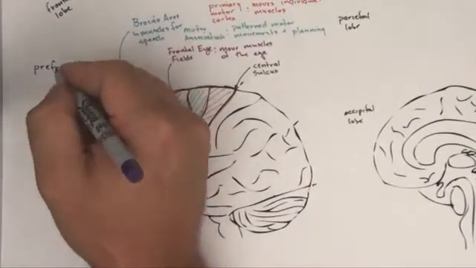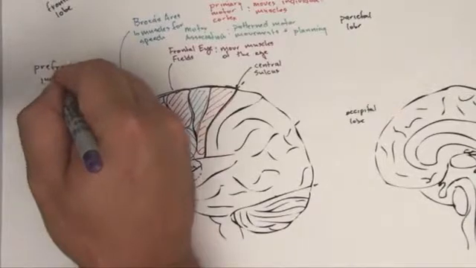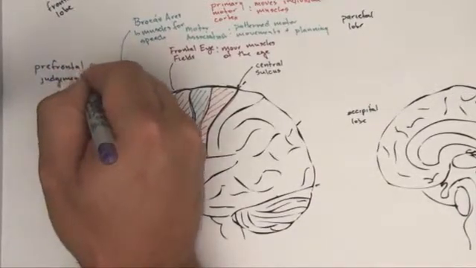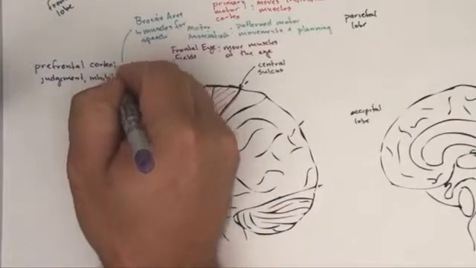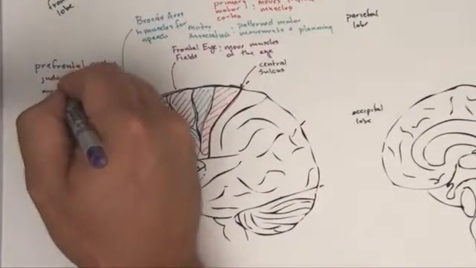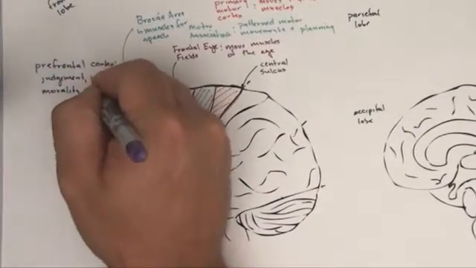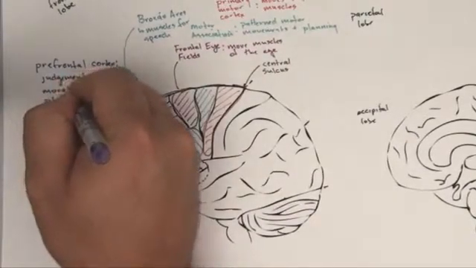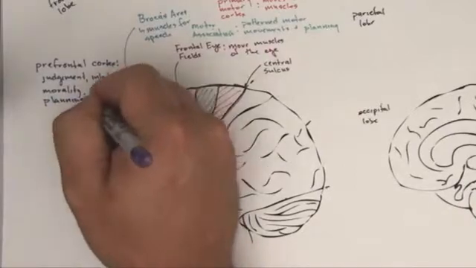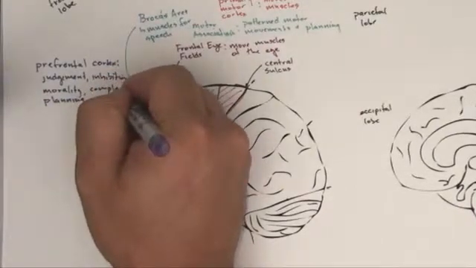Prefrontal cortex is involved in kind of personality, judgment, right and wrong, morality, inhibition, complex planning. I guess I said personality and haven't written it, so let's write that. Personality.